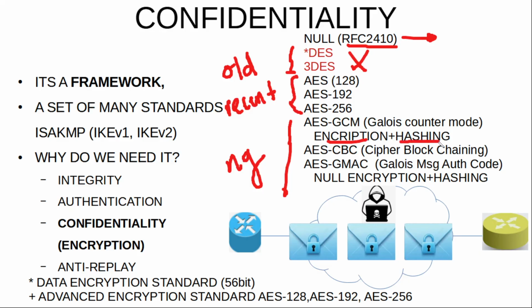It can perform two functions. We have cipher block chaining, and we have, for instance, Galois Message Authentication Code. This particular algorithm also claims to do encryption and hashing, but the encryption that it's performing is null encryption. So it is actually not performing encryption, it is only doing hashing.